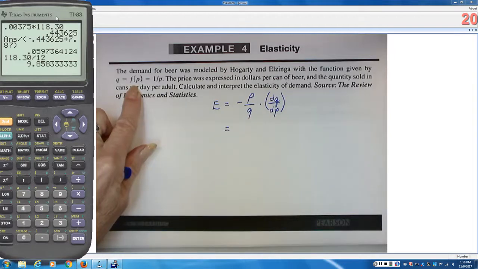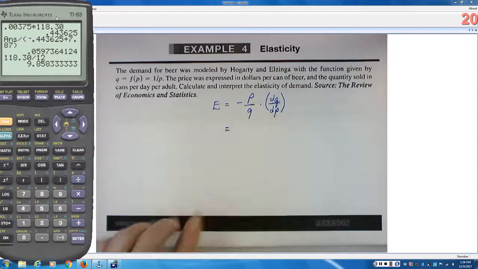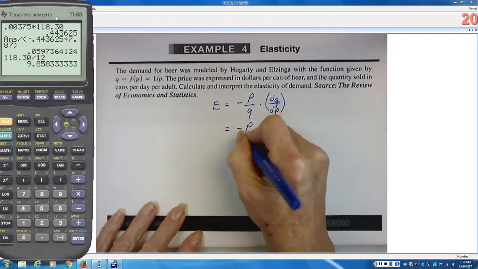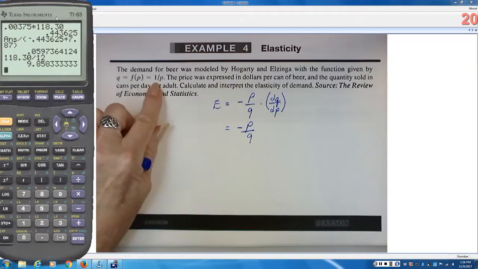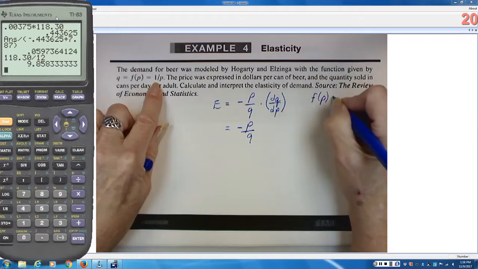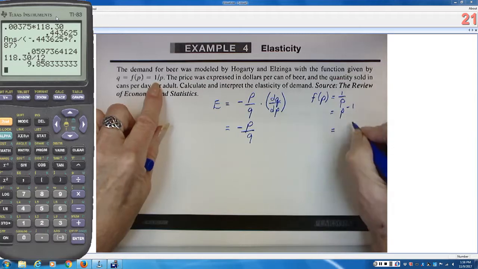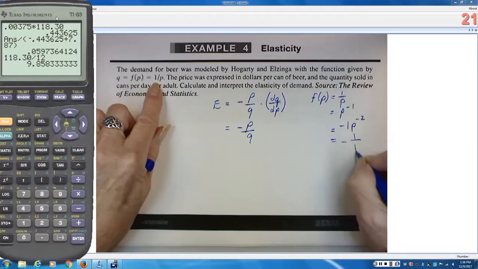So price over quantity, which we don't have a price yet, but we can find this derivative. So what's the derivative of 1 over p?